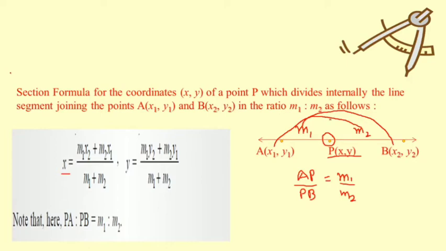So we will multiply m2 x1. So this is the procedure: m1 into x2 plus m2 into x1 divided by the sum of the ratio, and the sum of the ratio here will be m1 plus m2. So this way we find the coordinate for x: m1 x2 plus m2 x1 upon m1 plus m2.